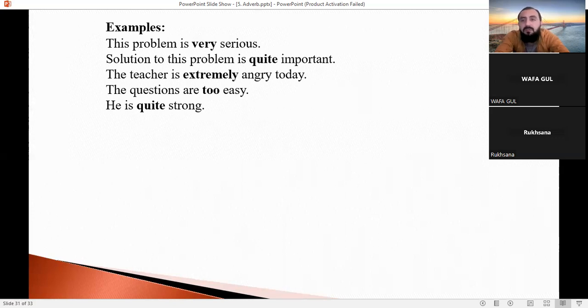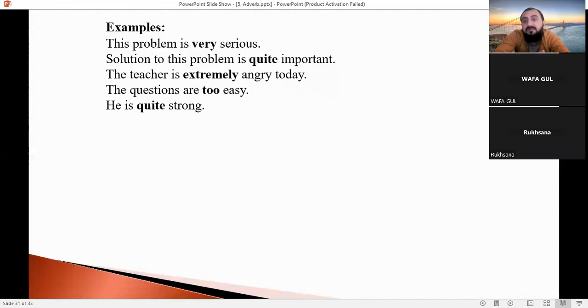Adverbs of degree are also called adverbs of emphasis, and they are normally used with adjectives to intensify or emphasize the extent, quality, or severity of the adjectives.